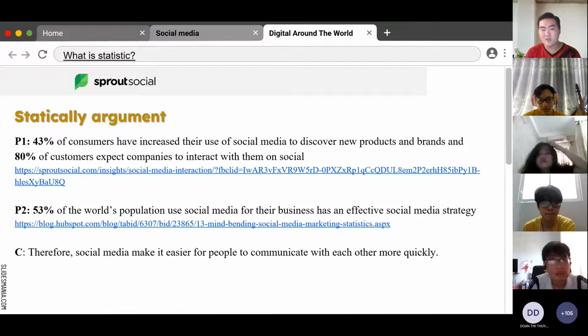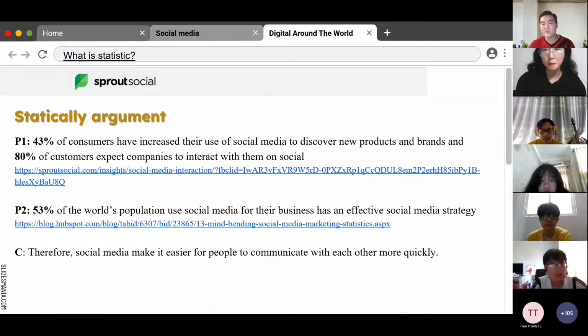According to the research, 43% of customers have increased their use of social media to discover new products and brands, and 18% of customers expect companies to interact with them on social. 53% of the world population use social media for their business, has an effective social media strategy. Therefore, social media makes it easier for people to communicate with each other more quickly.